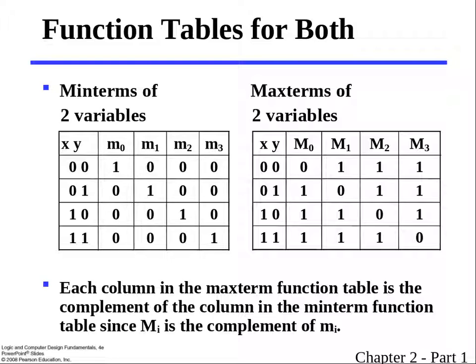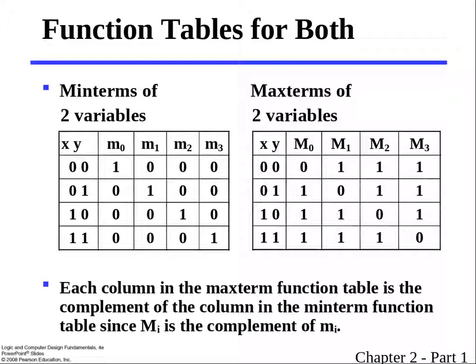Well, it's a max term, so the 1 will signify what's complemented. The binary of 2 is 1, 0. So 2 in binary, 1, 0. So that means the x, since we're doing a max term, is complemented and the y is not.